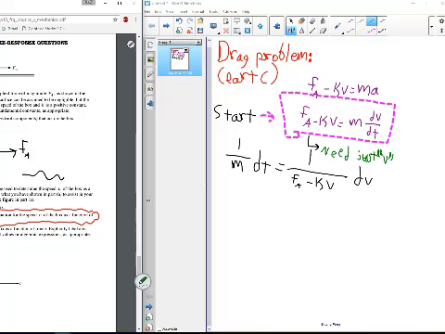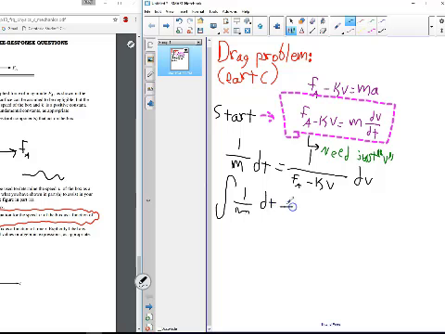Alright, so I did a little bit of algebraic manipulation, and what we're going to do is integrate both sides. So, integrating both sides, we get the integral of 1 over m dt.